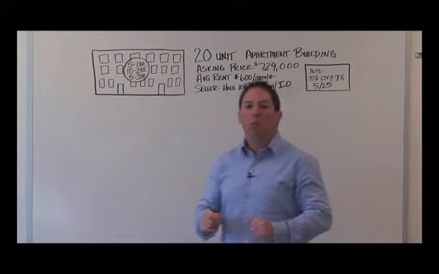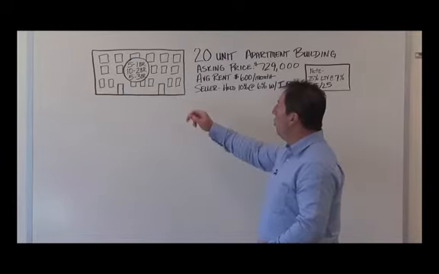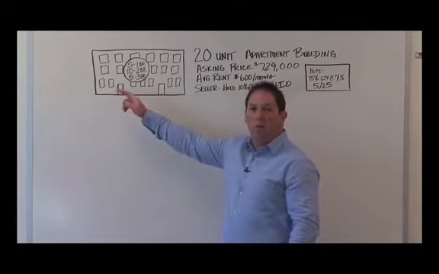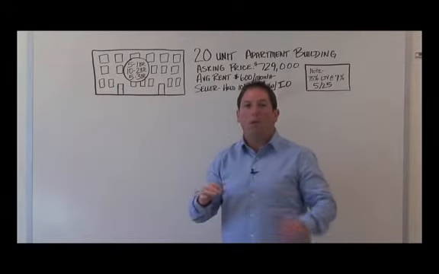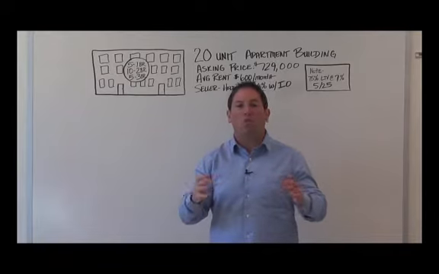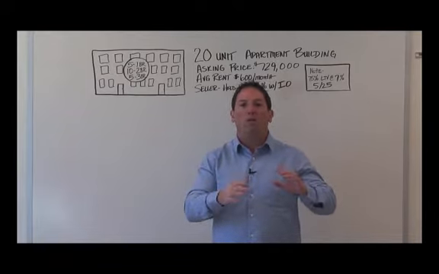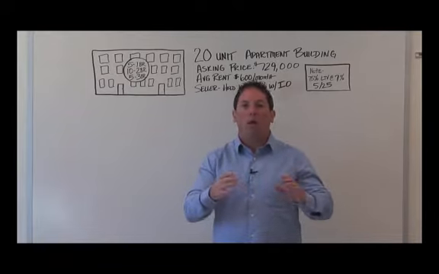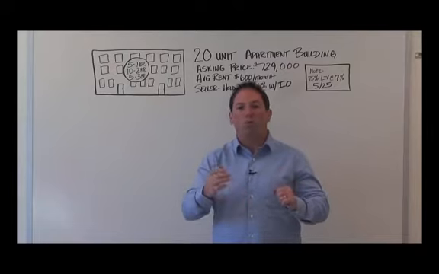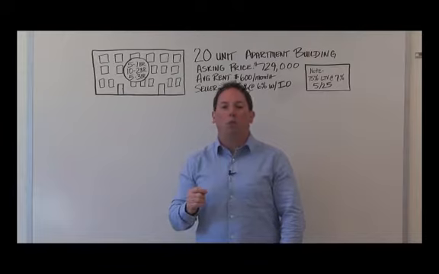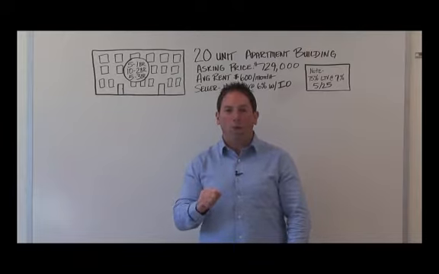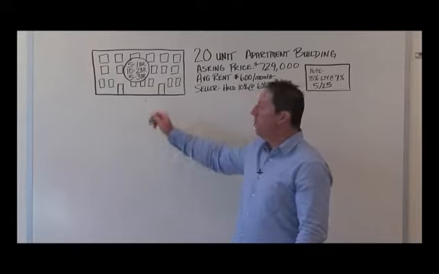Now, here's the sample property, all right? We've got a 20-unit apartment building right here, and it has a unit mix, and the unit mix is just a phrase, a description of the different elements of the property. In other words, how many 1 bedrooms, 2 bedrooms, 3 bedrooms, and so on. This particular 20-unit building has 5 1 bedrooms, 10 2 bedrooms, and then 5 3 bedrooms.